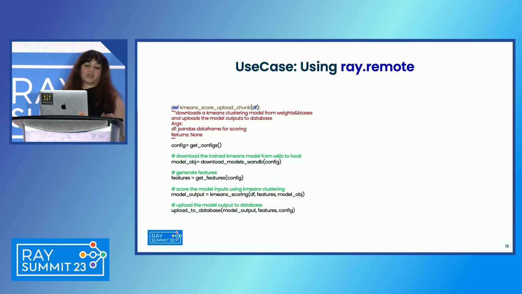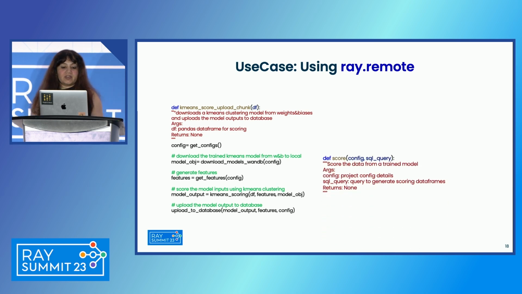So we would get the project configs, download the model from Weights and Biases, get the features from a feature store, and finally call this k-means scoring function, which will take all this data in and then give the model output. The model output will be uploaded back to the database, as this was a batch service.